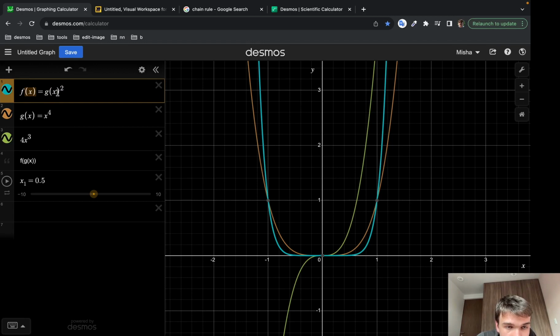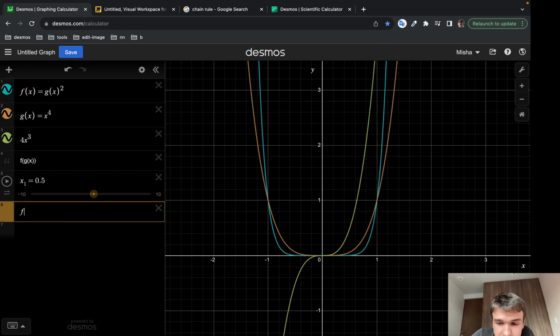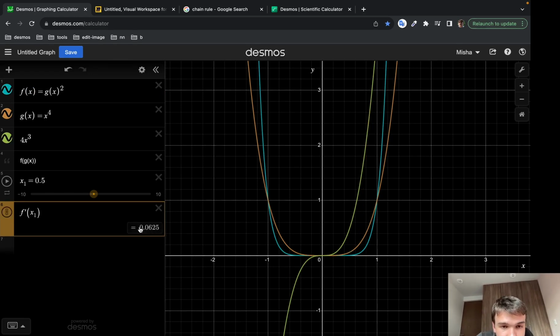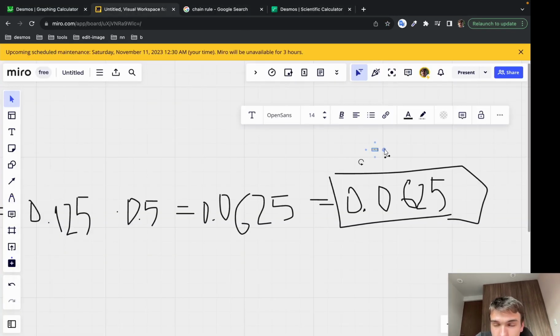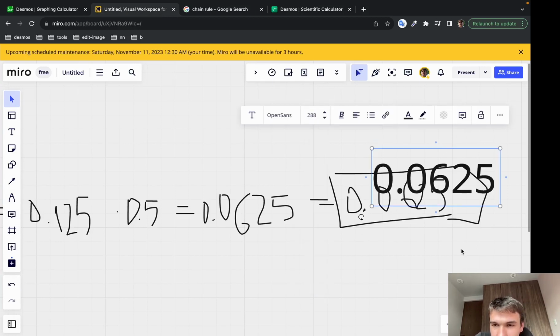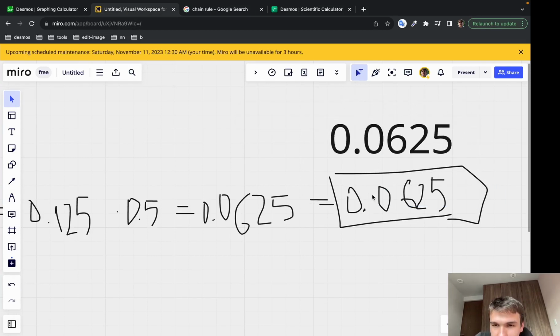Now let's do it so, but you need to understand that Desmos does it under the hood. So let's check this out, the derivative, which is the dash, and then we take our x equals 1, and as you can see, the result is exactly what we got here. So small. I thought it would be nice. Okay. So yeah, this is exactly what we got, 0.0625.